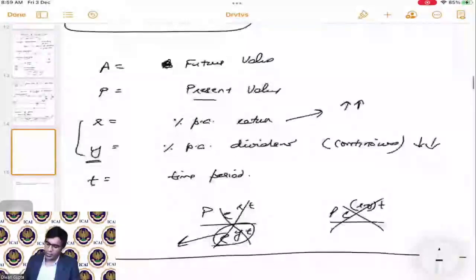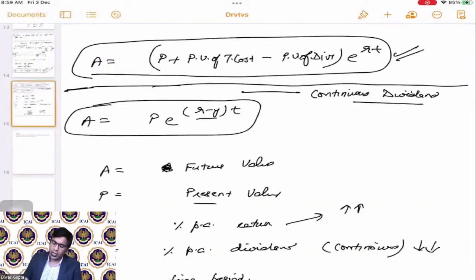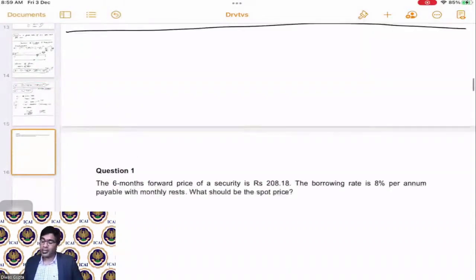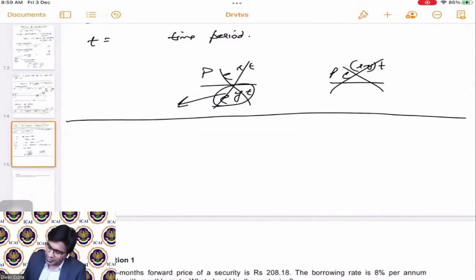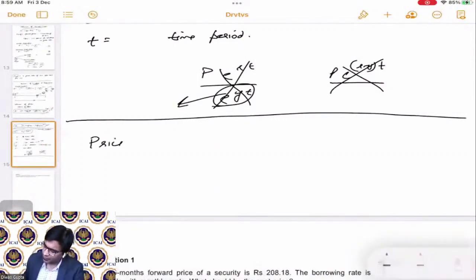Okay. Now let us go to question number 1 finally. Now we will try as many questions as possible to apply all these concepts. Sorry, one more point before we move there. This is the last point that I wanted to cover in the pricing.